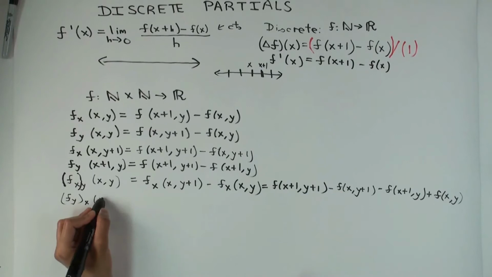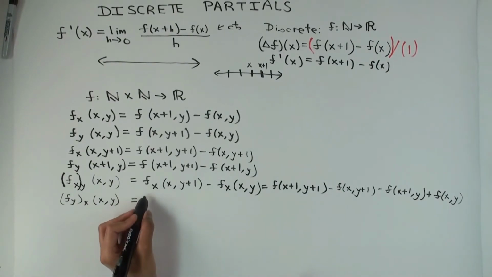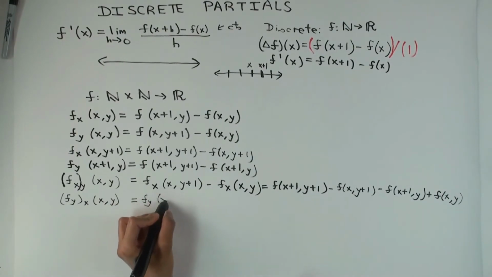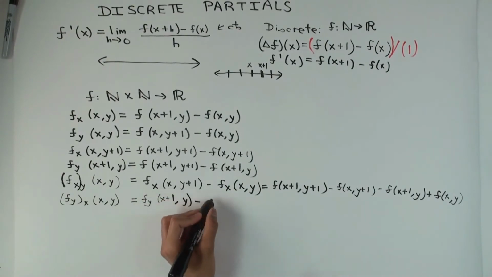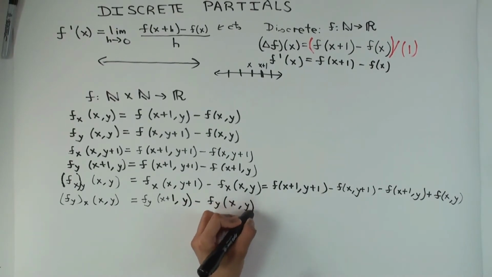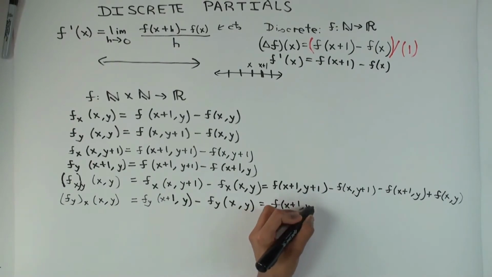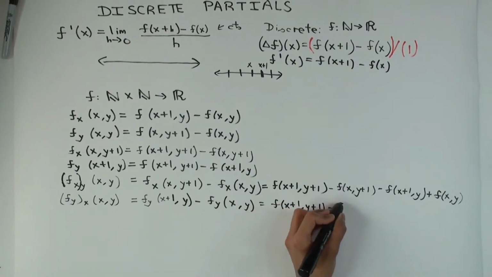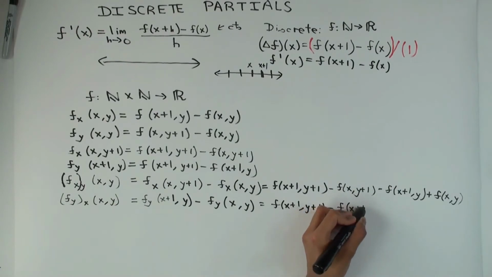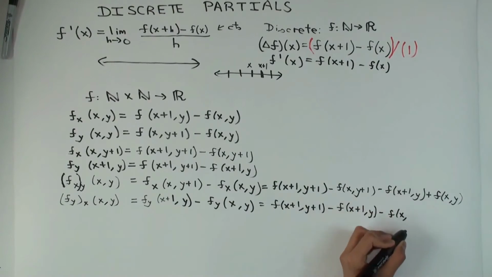So f_yx of (x, y). This will be f sub y at (x+1, y), minus f sub y at (x, y), and then the same at y plus 1.